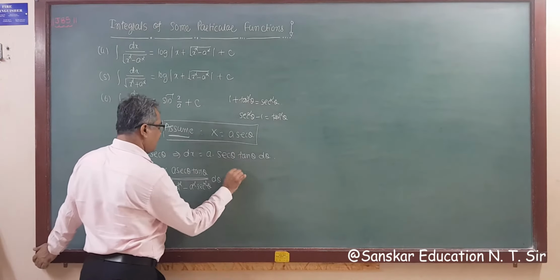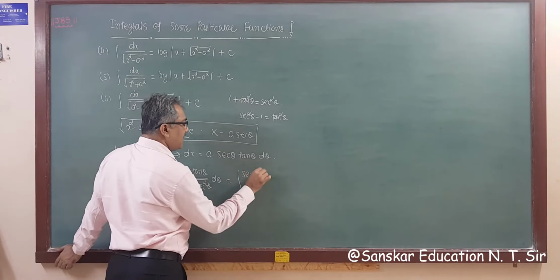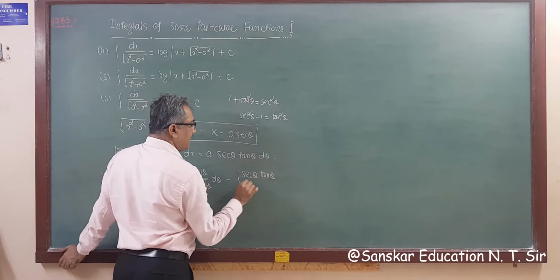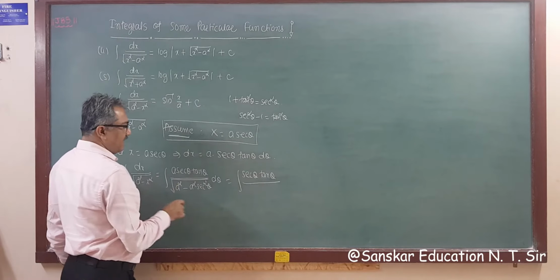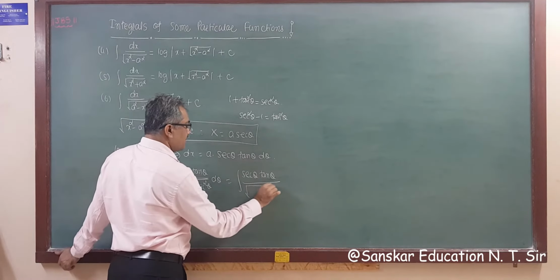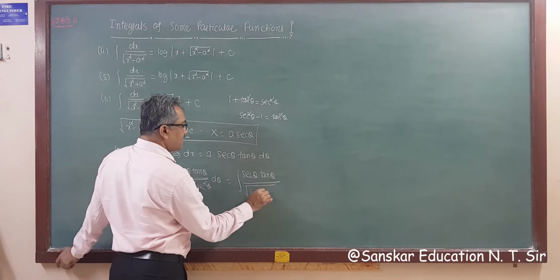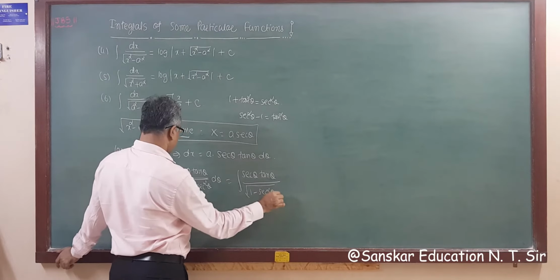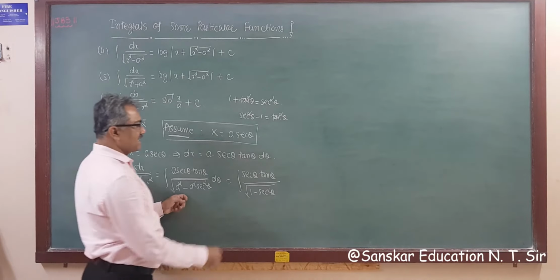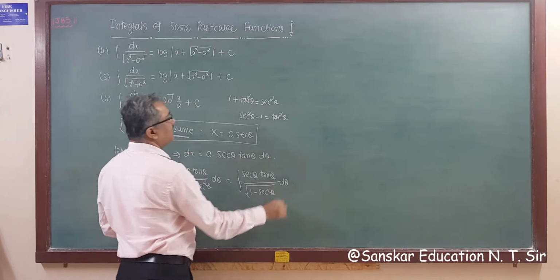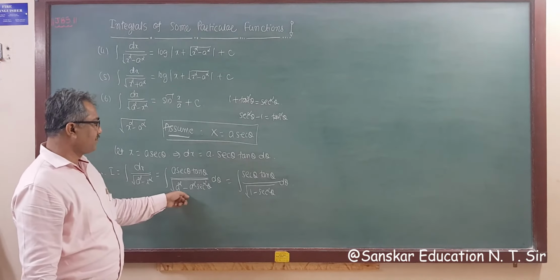So we get integration sec theta tan theta, a will be cut with this a, so I am not writing it here. So this is under root 1 minus sec square theta, d theta, right?